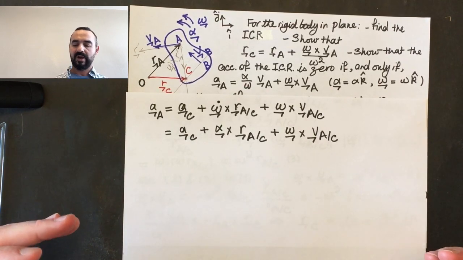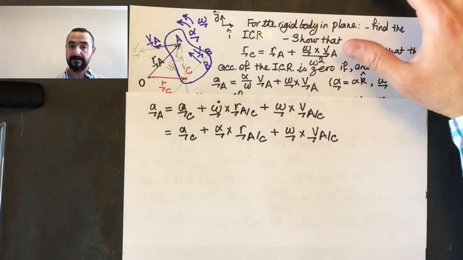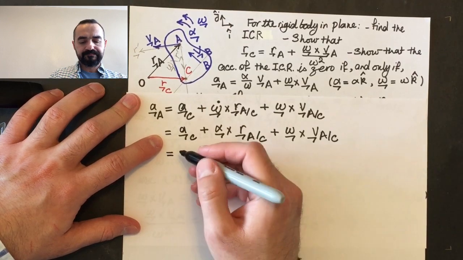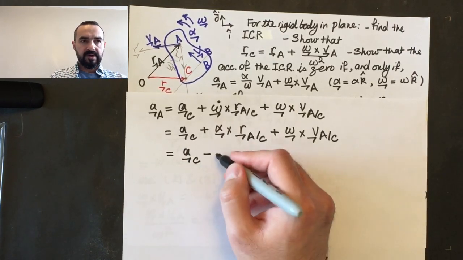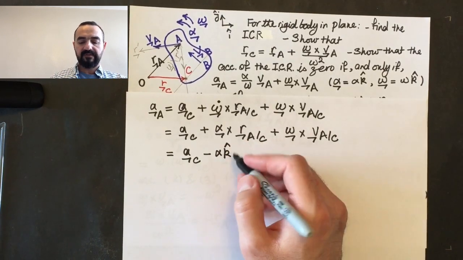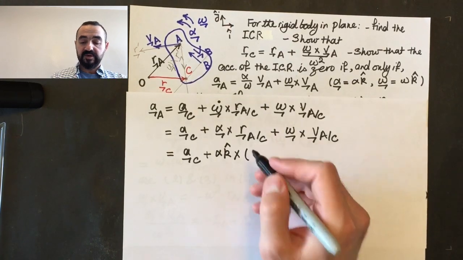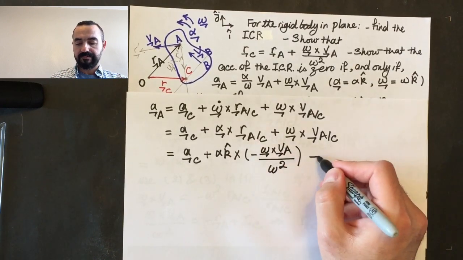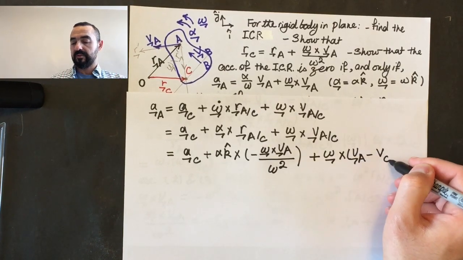So what happens here is that we're going to use the fact that the instantaneous center of rotation has 0 velocity and also the relationship we derived in part A. So this is going to be equal to RAC plus alpha k hat, since alpha is our omega dot, cross RA with respect to C, which is essentially negative omega cross VA over omega squared, plus omega cross, and then VA with respect to C is VA minus VC.